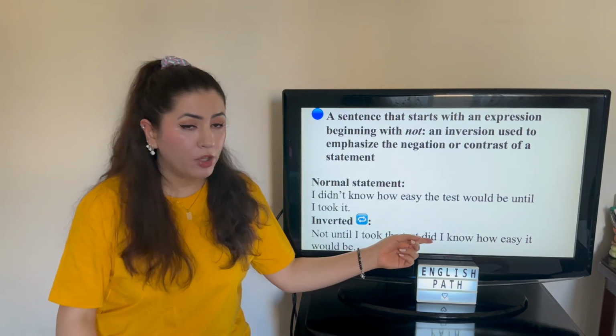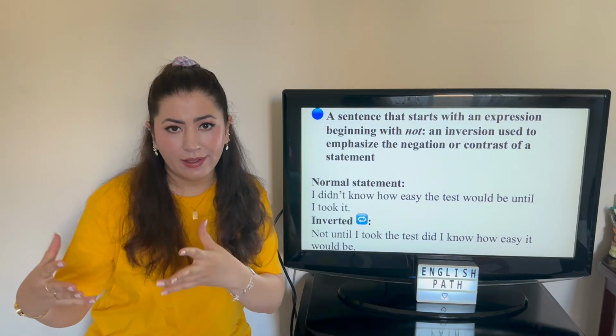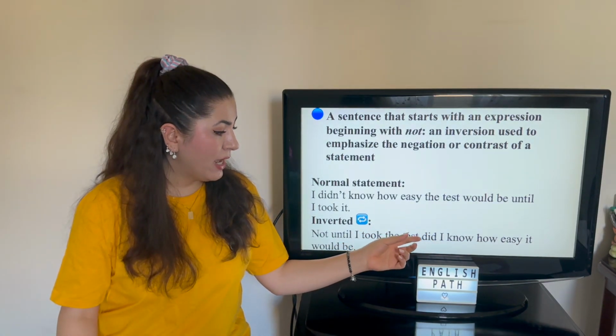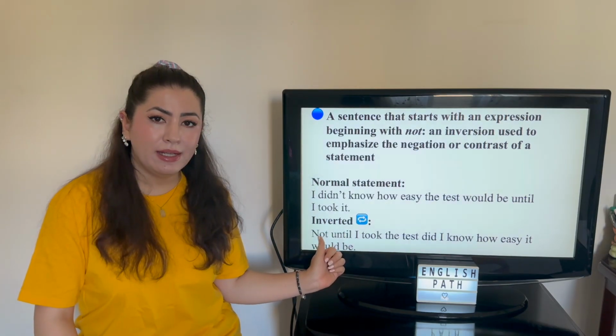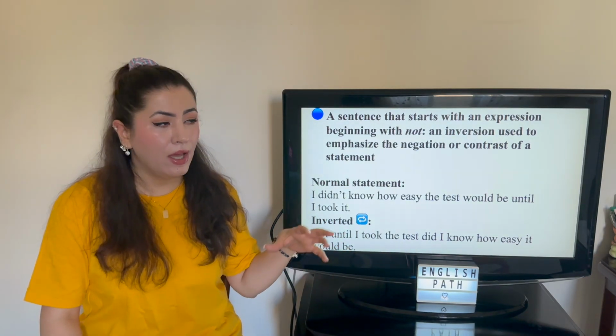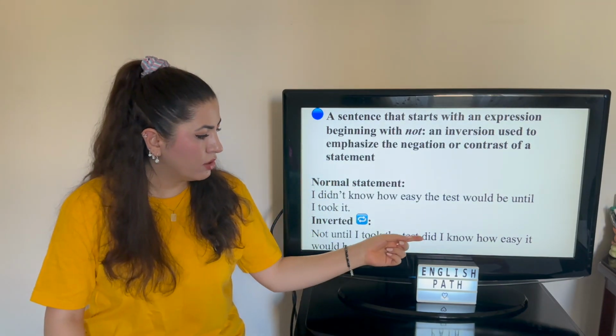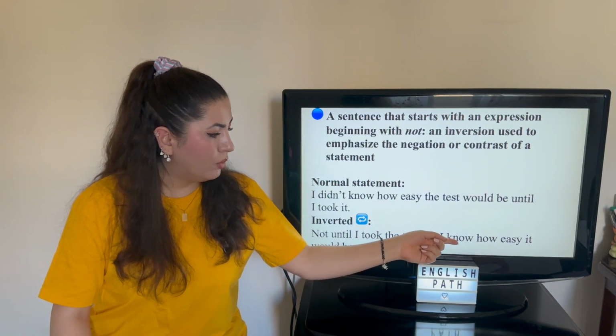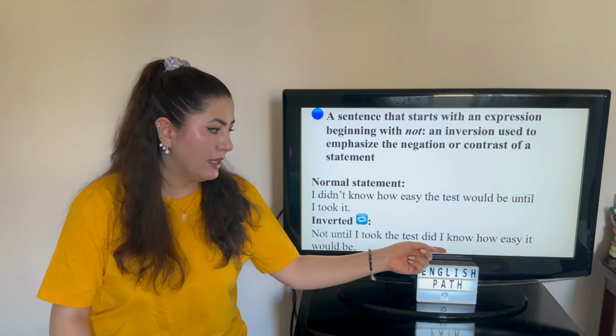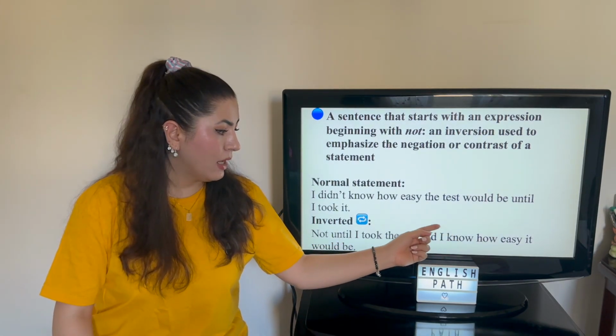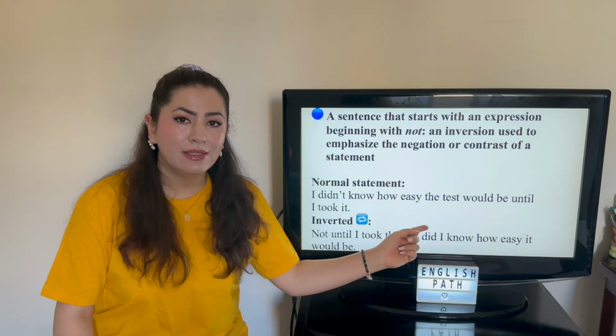So the verb changes into I knew, but we have to invert it because it starts with a negative expression, or an expression starting with not. So by inverting it, I will extract my auxiliary did out of my verb know, and I will use it before the subject, did I know.